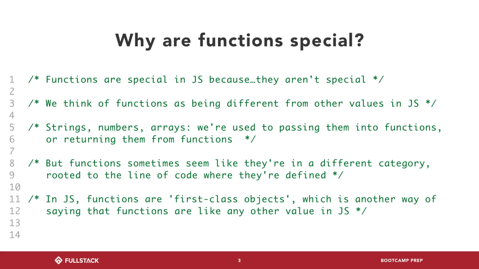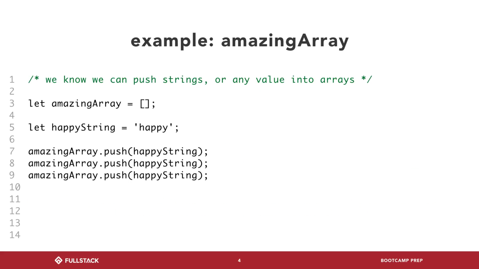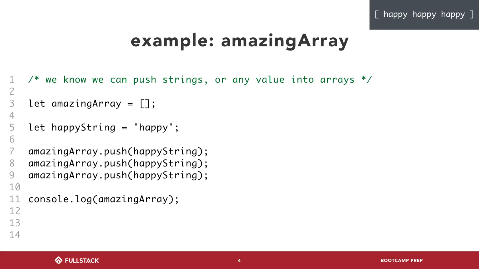The reason we're talking about functions here is because, whereas before we were really used to creating an array and storing values in it, in this case we're just adding a bunch of strings to an array, and we're pretty comfortable with that.